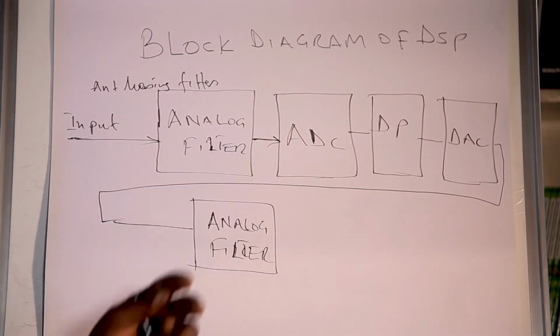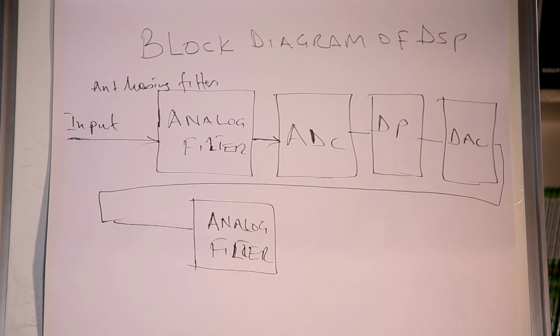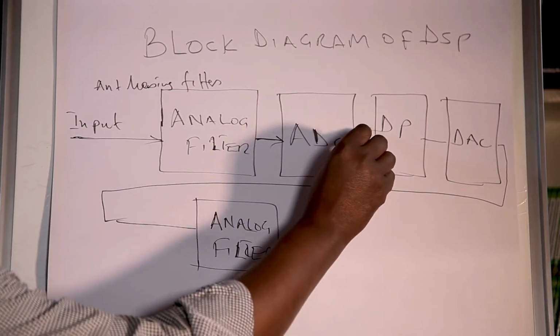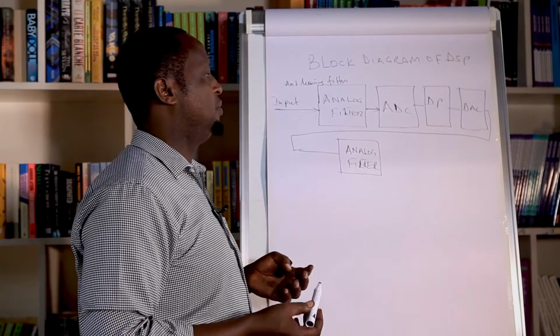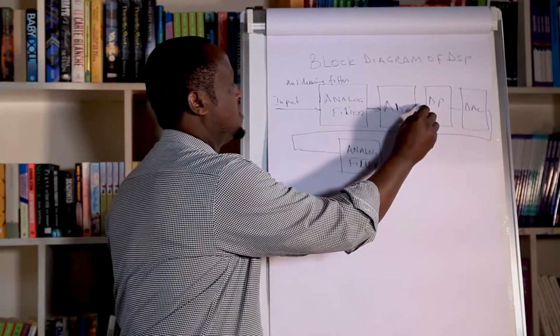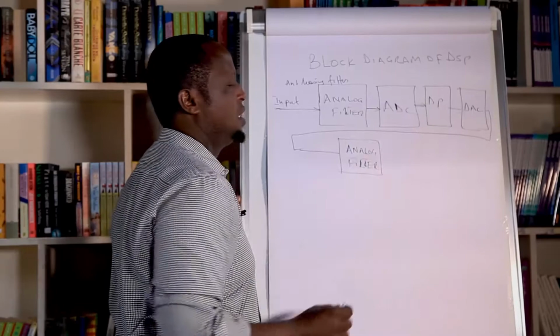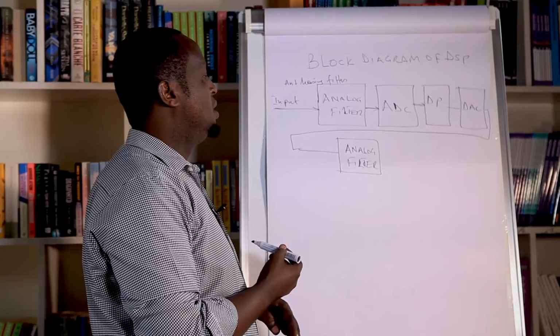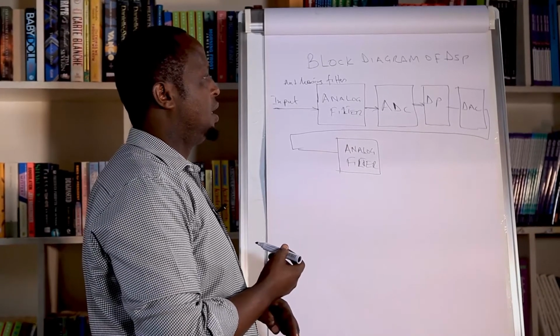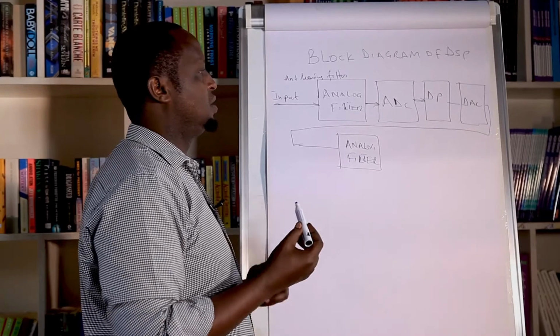The input is then put into the analog to digital converter. Remember what I mentioned in my introduction, where I talked about getting the input signal, the sampled input signal, and then it is passed through the digital processor to turn the sampled signal into the convenient signal that we want.